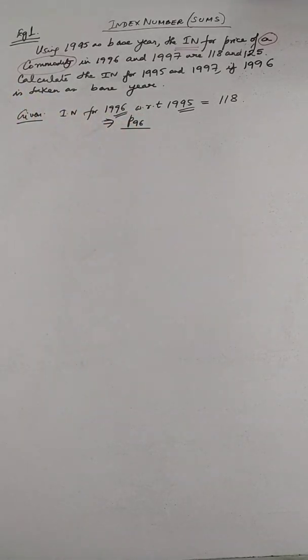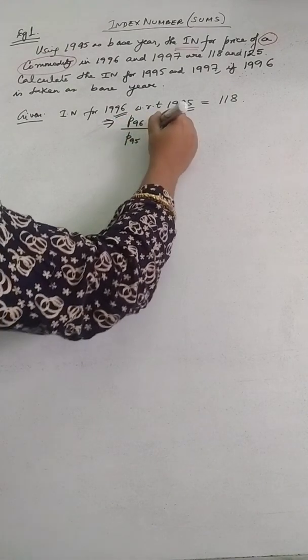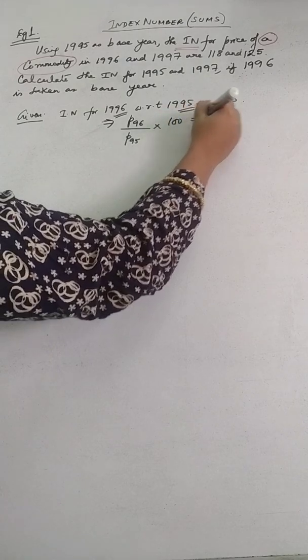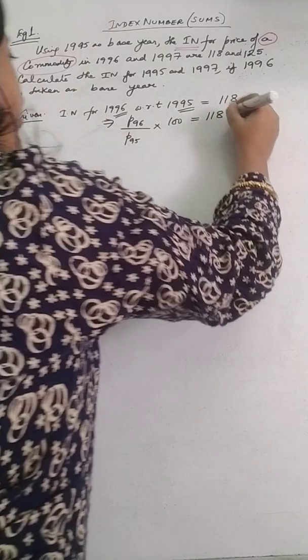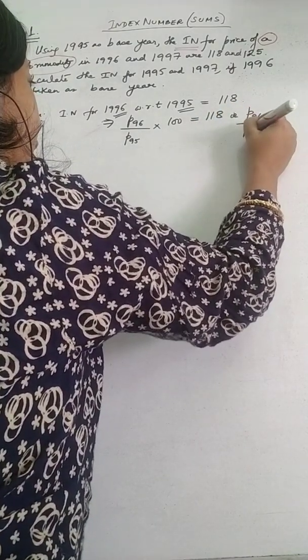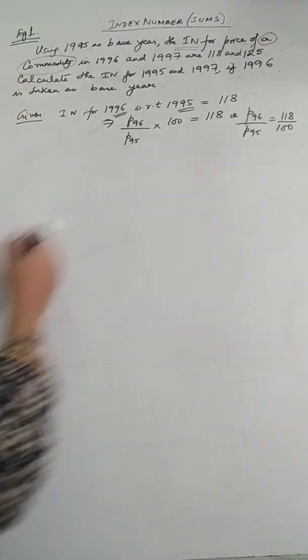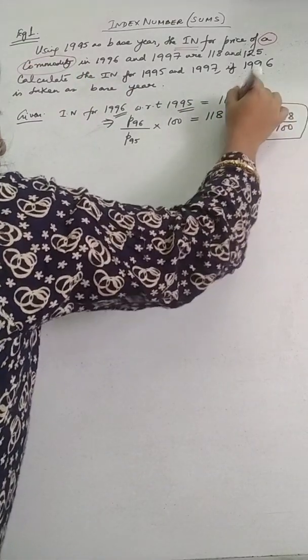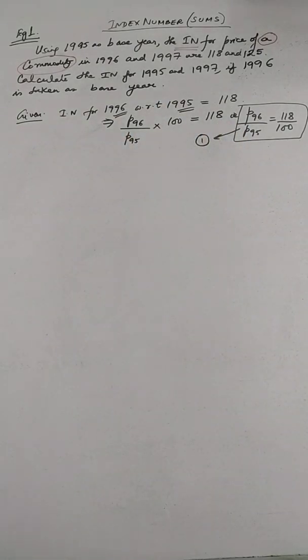So I'll denote it by P96. P96 by price in 1995 into 100 is supposed to be 118. In other words, I can write P96 by P95 as 118 by 100. Keeping that as it is for the time being, I can label it as equation number 1. This is the first result.